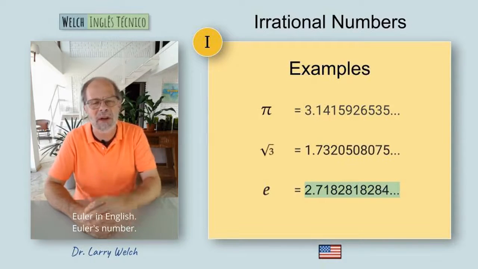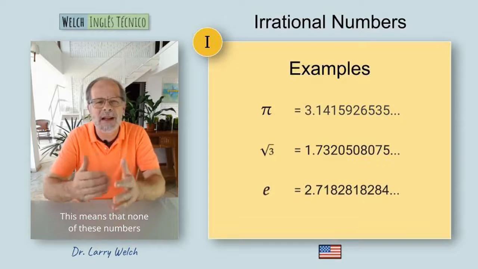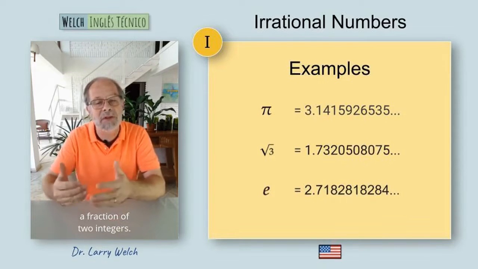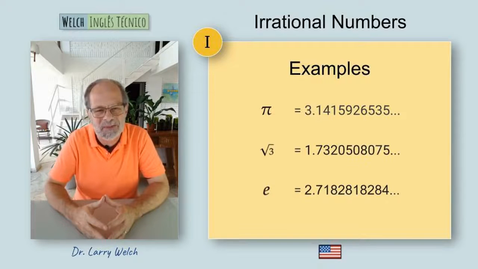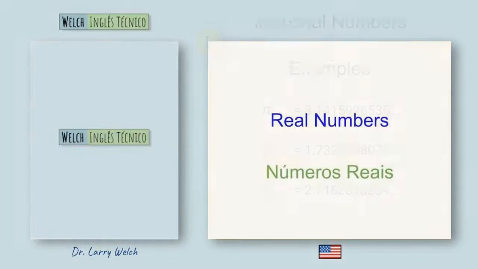E-U-L-E-R, Euler in English, Euler's number. This means that none of these numbers can be written as a fraction of two integers. You can get close, but not exactly.